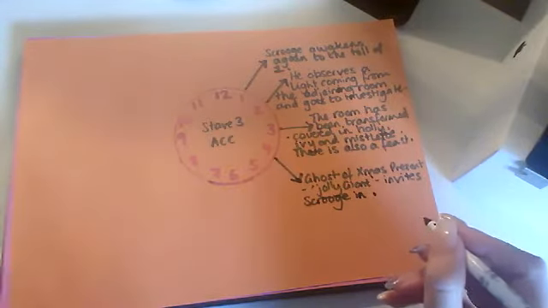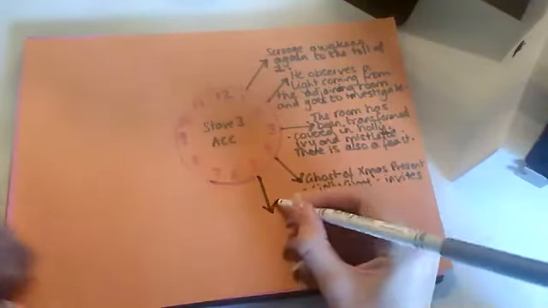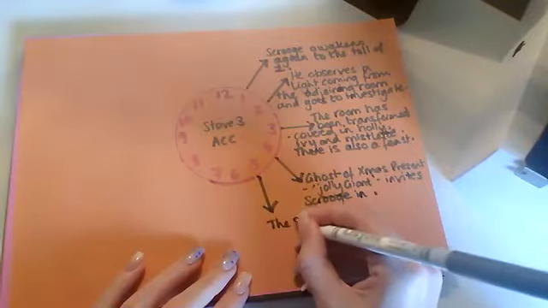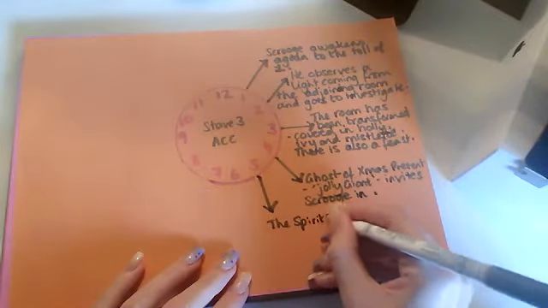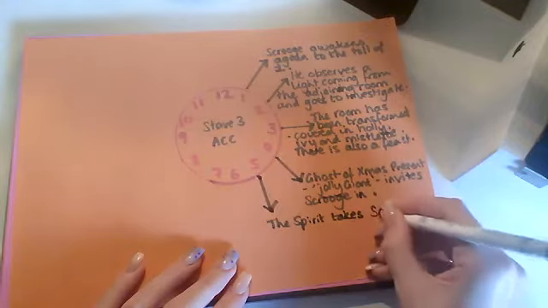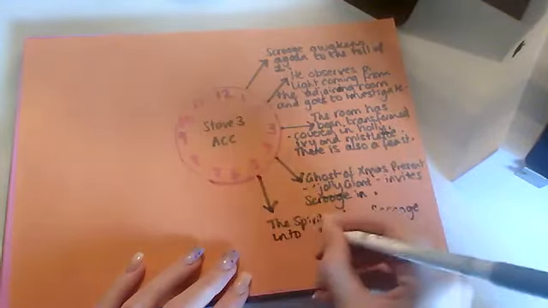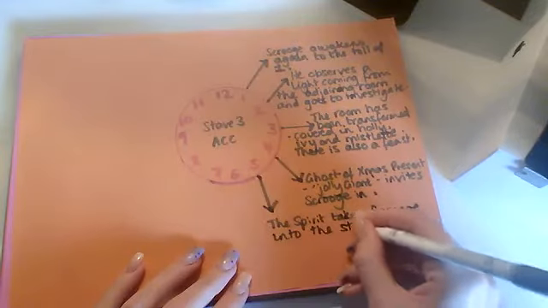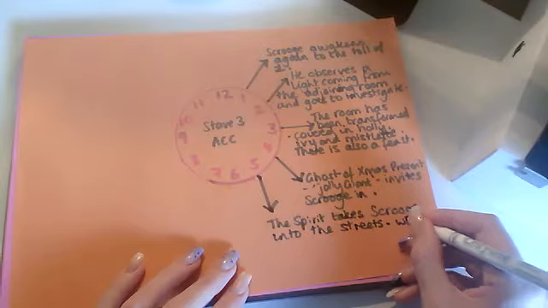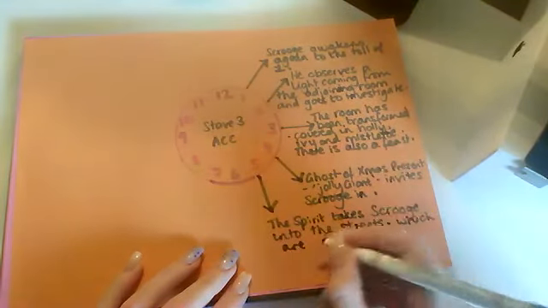And they have a little bit of a conversation, okay, and then the next key event of this stave is where the spirit takes Scrooge to the streets, which are full of celebration and Christmas cheer.